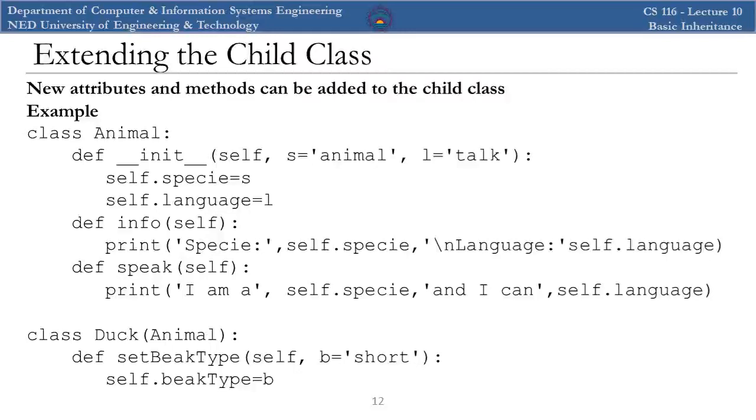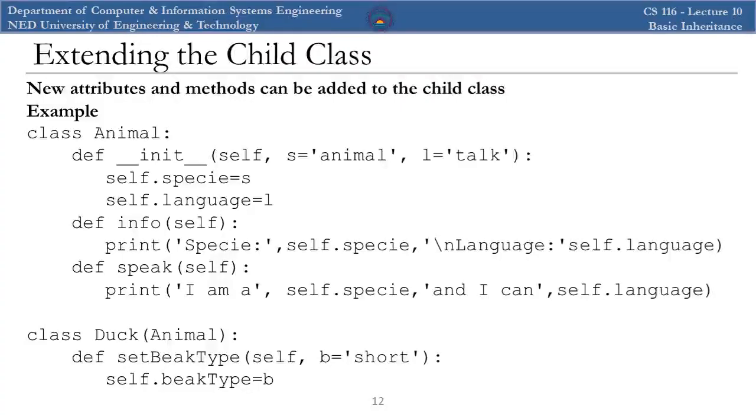So what I'm doing here is defining a method called set beak type. It is passed two arguments, the essential argument self and a second argument b, and this b will be assigned to this instance variable beak type. And if the user does not provide any argument here, then short will be assigned as the beak type by default, right?